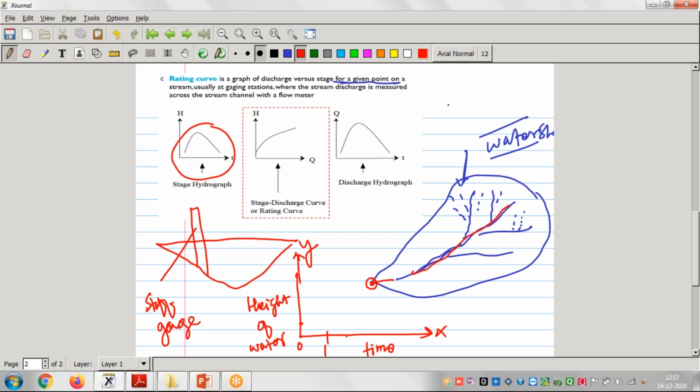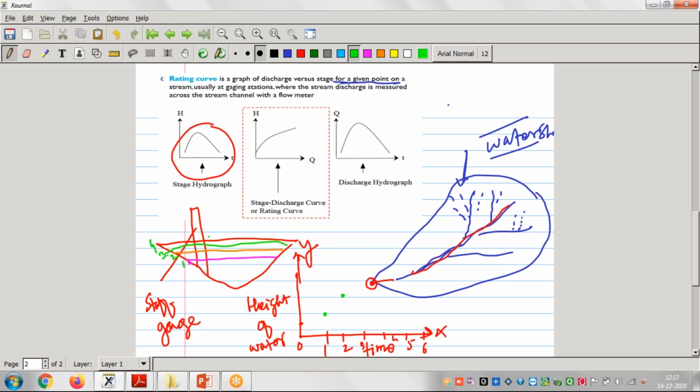Then after 1 hour, 2 hour, 3 hour, rainfall started, 4 hour, 5 hour, and then 6 hour. After 1 hour, when rainfall started, the height of water has come here. Then after again 1 hour, the height of water has come here, right? Then again after 1 hour, the height has come here. This is at 1 hour, this is 2 hour, this is 3 hour, this is 4 hour. The height is increasing, right?